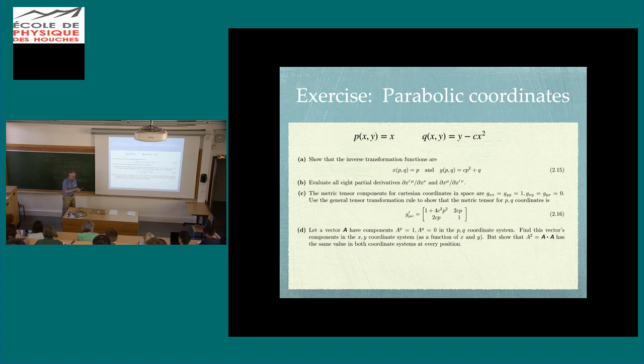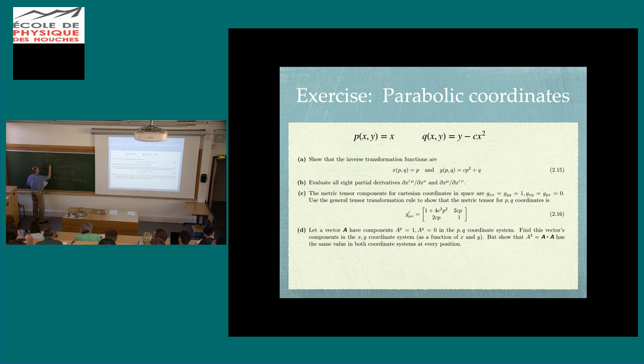So let's imagine I have a vector with components A^p equal to 1, A^q equal to 0. So this is a vector that's a unit along the p direction. What would its x and y components be?